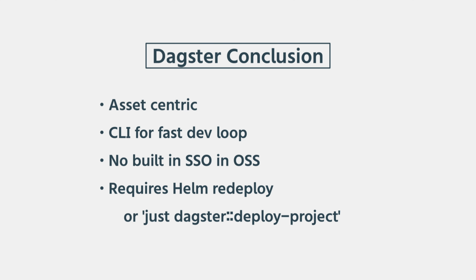If Dagster adds SSO support and a Kubernetes operator with custom resources to deploy projects, it becomes the best fit for our stack. Until then, if you mostly treat the orchestrator as a scheduler around DLT or DBT, Airflow can be the more practical choice due to its Kubernetes integration and SSO support.